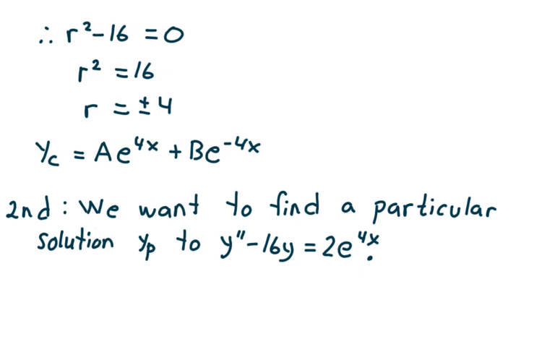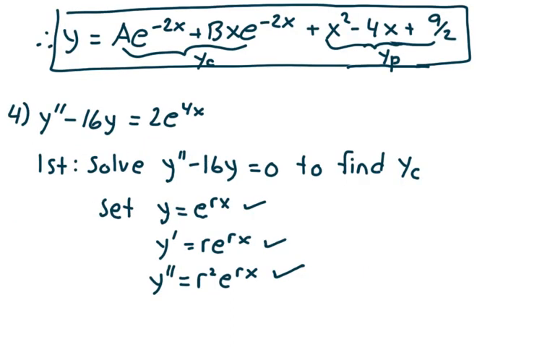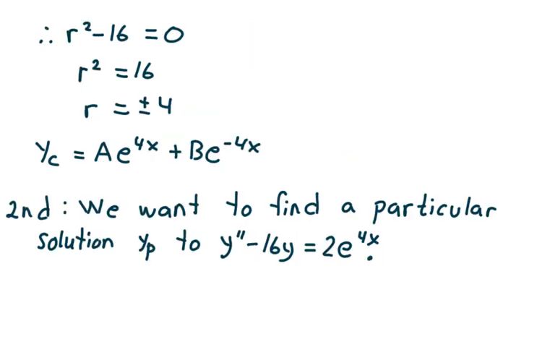So now, again, just like before, let's make sure we understand. E to the rx is never 0. And so I'm going to make my substitution into this homogeneous equation, and divide through by e to the rx. And that's where I'm getting r squared minus 16 equals 0.